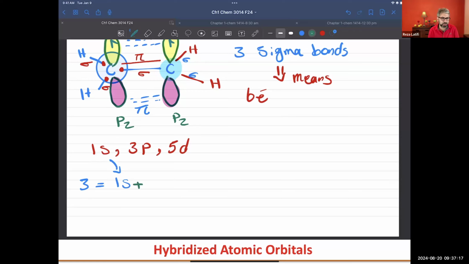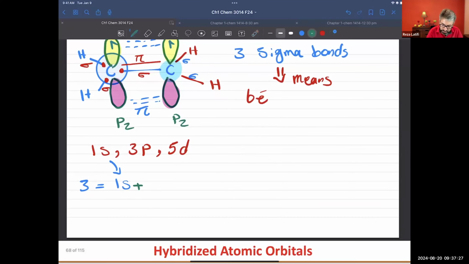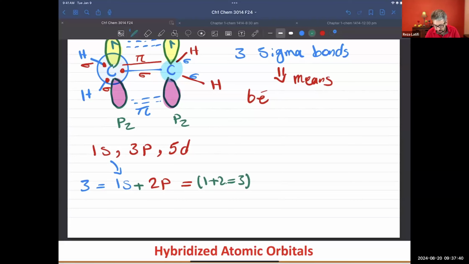And from p, how many do I need to reach 3? Right now we have 1 s. We need 2 more from p to make it 3. So 2 from p, and that's going to give us 1 plus 2, we get 3.